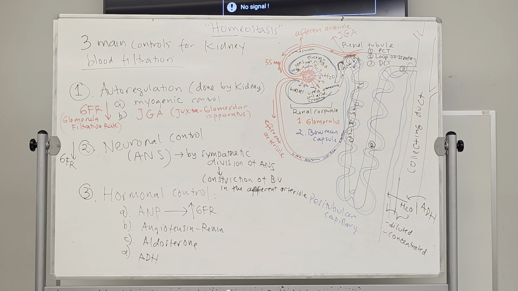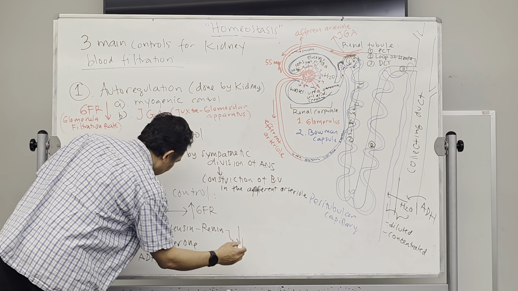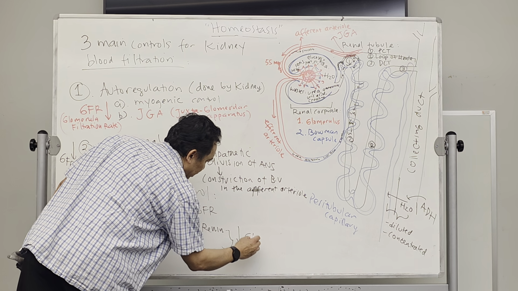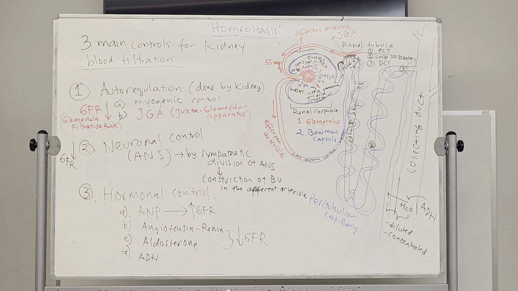Therefore, it will increase the blood flowing into the glomerulus, increase the GFR, glomerular filtration rate. The angiotensin, renin, and aldosterone, all of these hormones will reduce the GFR. Again, mostly we don't like fast filtration. It has to be slowing down.